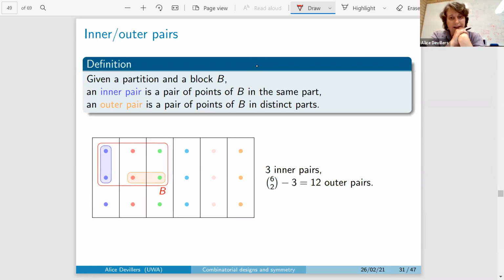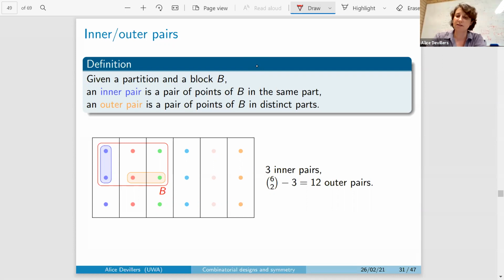So doing a bit of combinatorics, that means counting things, I can count inner pairs and outer pairs. What I call an inner pair is a pair of points in a block that is in the same part of the partition, like the blue pair here. An outer pair would be this orange pair.